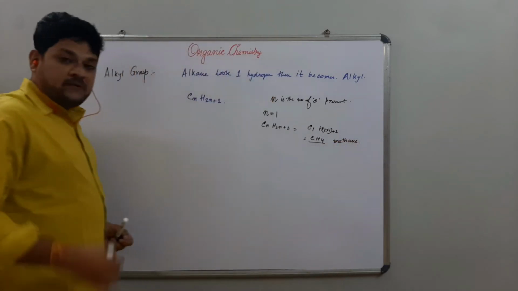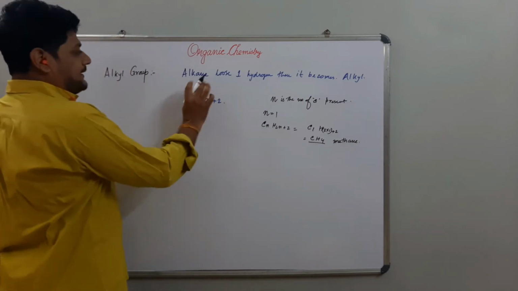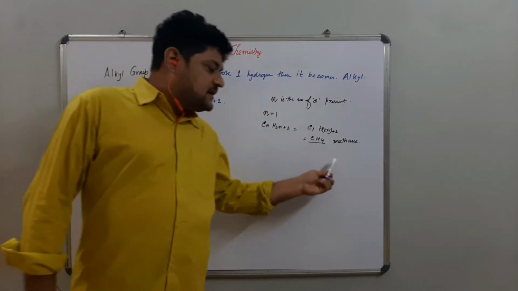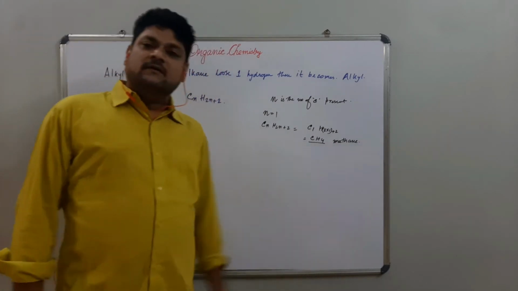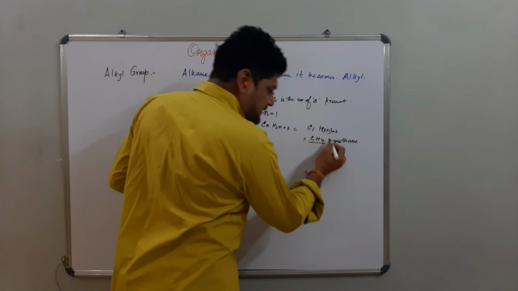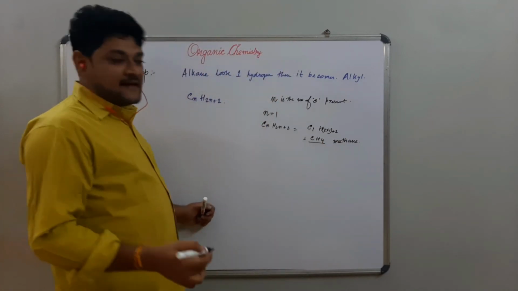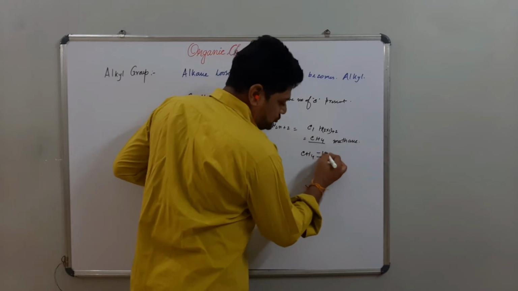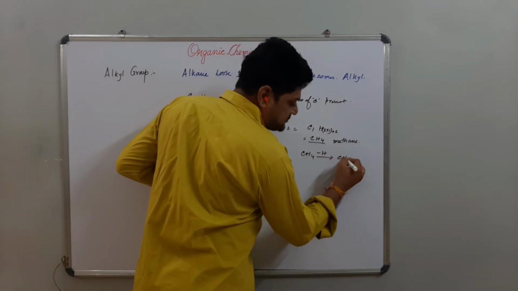Okay, so alkane becomes alkyl if it loses one hydrogen. So methane becomes methyl if it loses one hydrogen. If methane has 4 hydrogens, then obviously methyl has 3 hydrogens. So if CH4 loses one hydrogen, it becomes CH3.